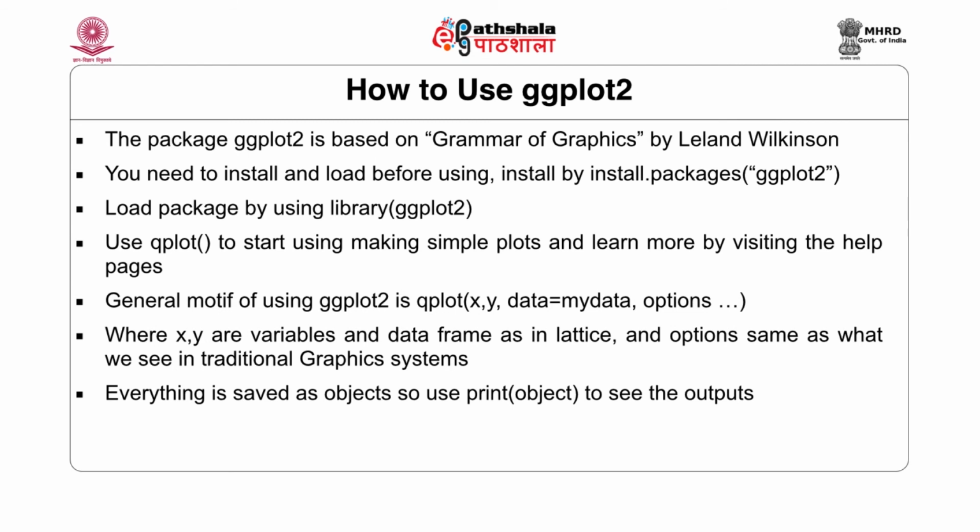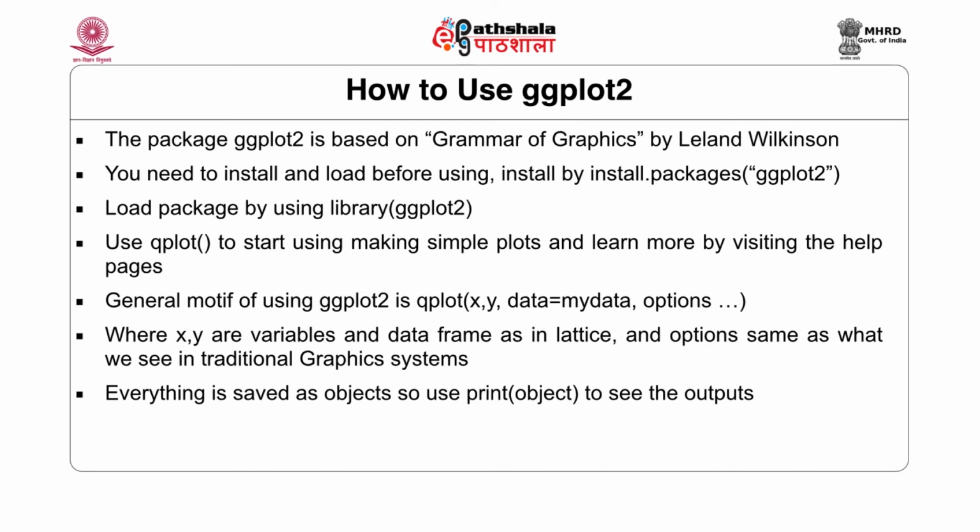Now, just as you have plot with parentheses in the base R system, you have qplot here to do this work. And again, you can use the same motif. For example, qplot x comma y, you specify data, and then you have your options.